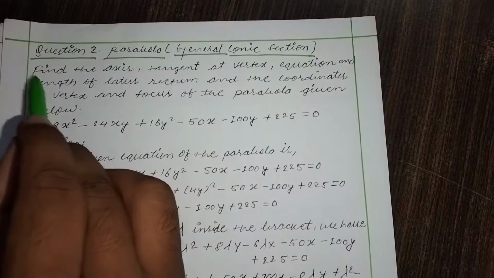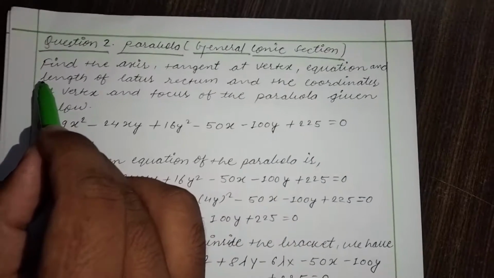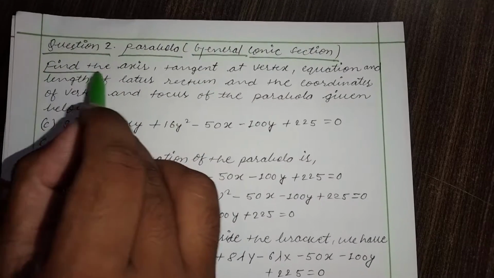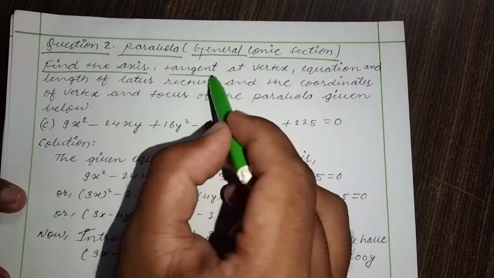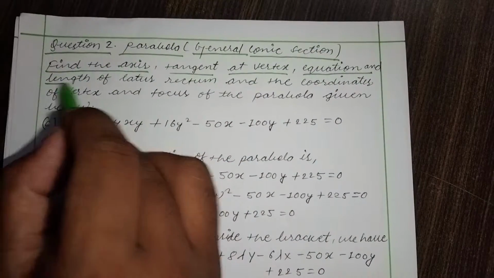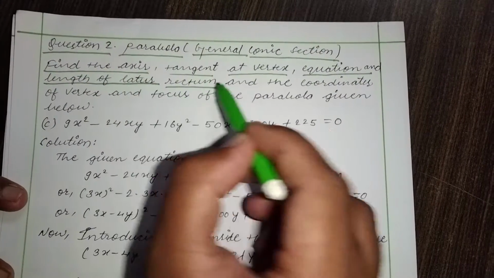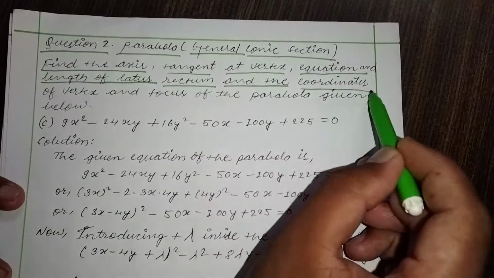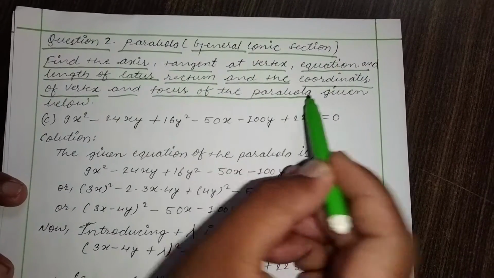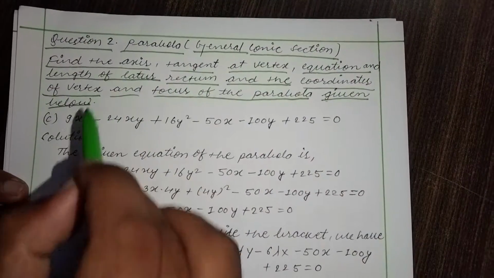Now we are moving further towards the question. Find the axis, tangent at vertex equation, length of latus rectum, and the coordinates of vertex and focus of the parabola given below.